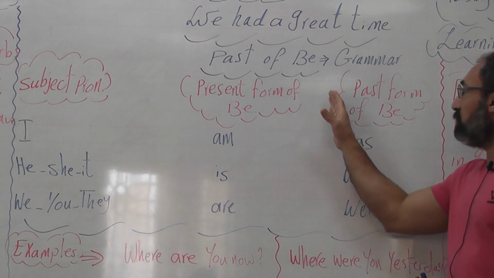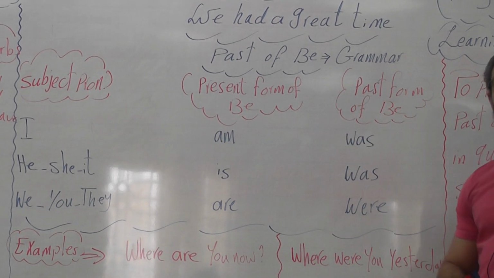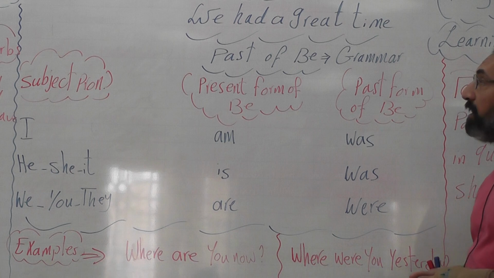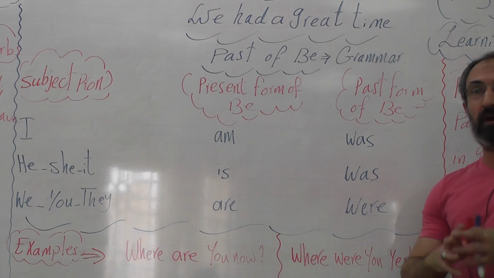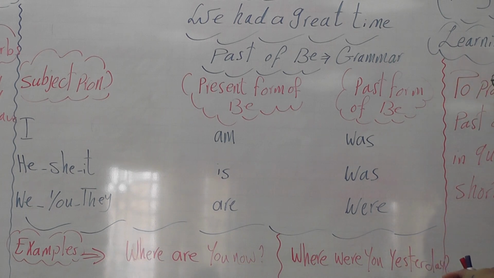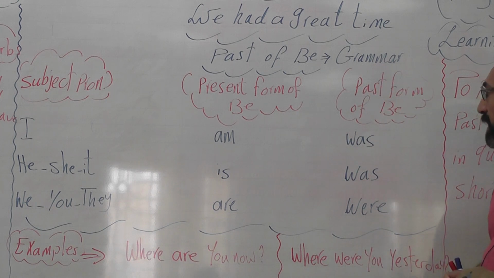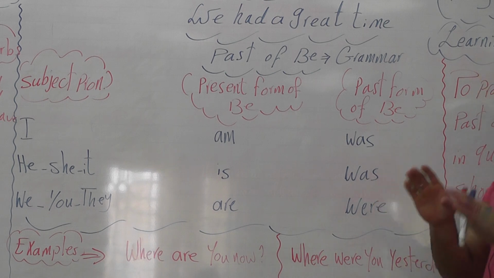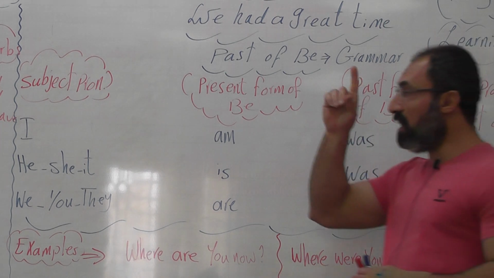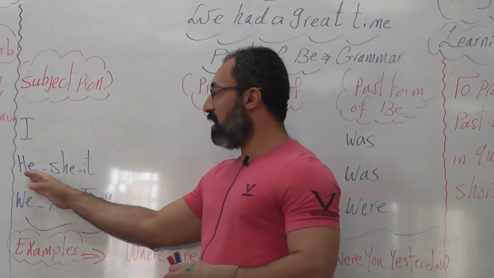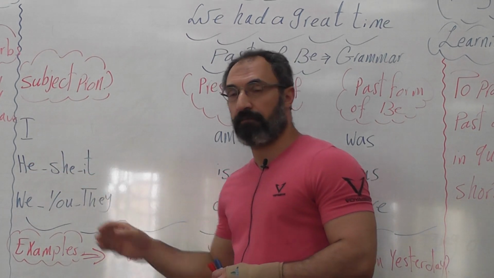Now let's come to our past form of be, which is our topic as we have mentioned in the beginning of our class or lecture. So, in the simple past form of be, we have 2 main forms. One for the singular subject, either I, he, she, or it.